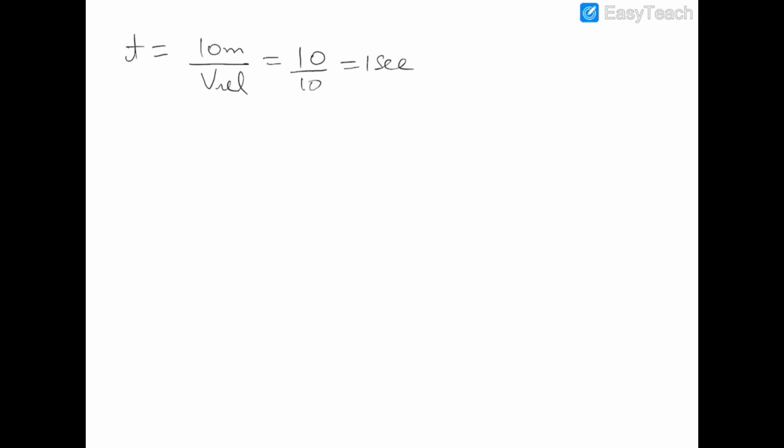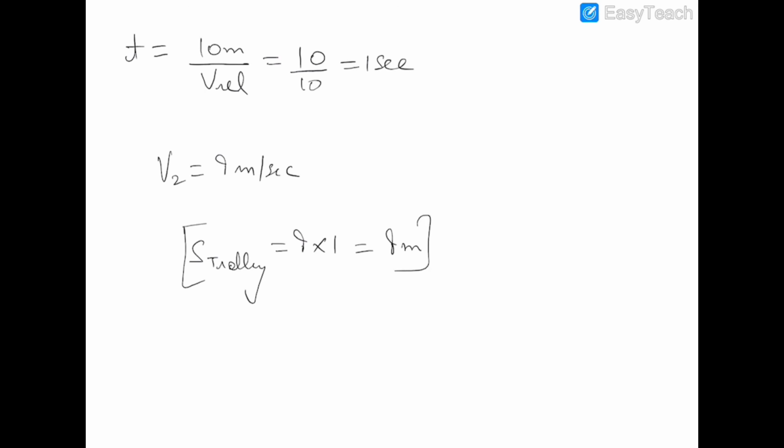So he'll be taking 1 second to move from left hand to the right hand. Now in the same time, the trolley is moving with the velocity v2, which is 9 meters per second. Therefore in the same time, the distance moved by the trolley will be 9 into 1, which is equal to 9 meters. So this is the distance moved by the trolley in the time in which the boy moves from left hand to the right hand. Okay, thank you.